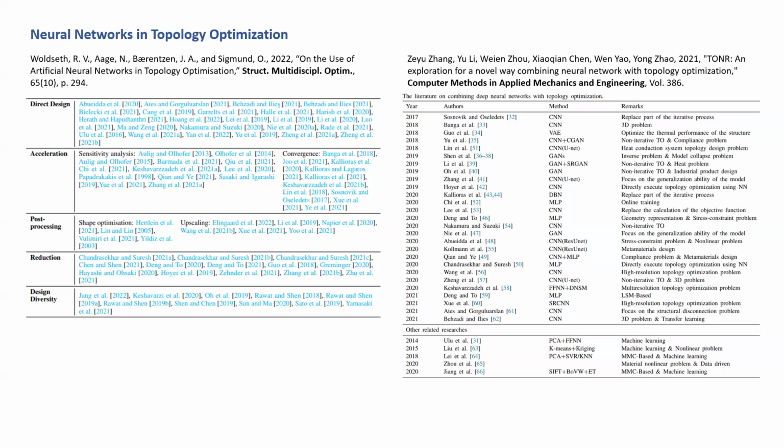There are two papers that I wanted to include in this presentation, published in 2022 and 2021. And those ones contain a pretty good summary of papers that use neural networks in topology optimization. So there are like two families of applications. One family uses convolutional neural networks and GANs, generative adversarial networks.